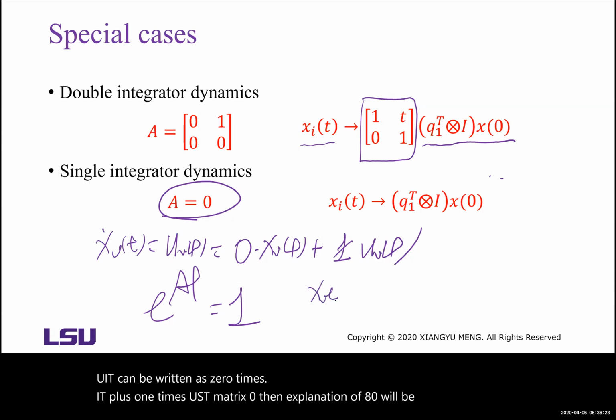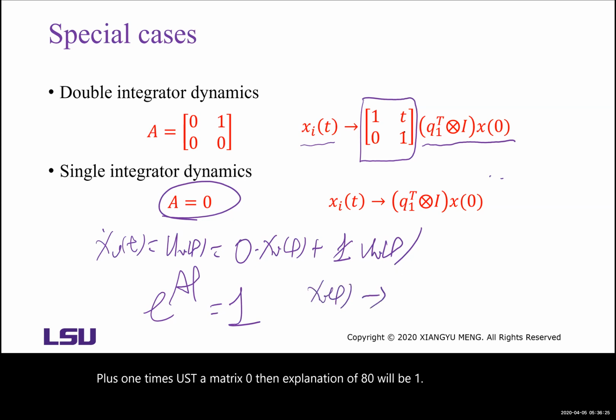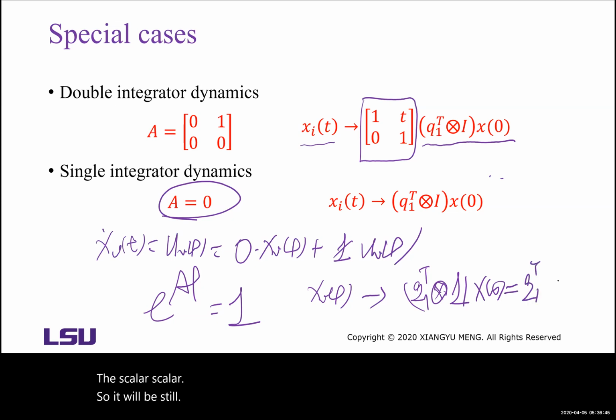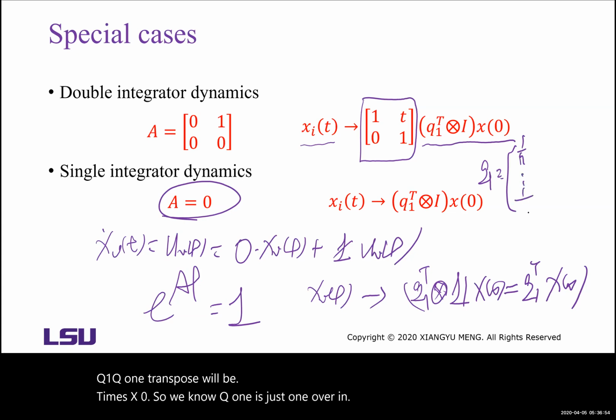So xi(t) converges to Q1 transpose times x0. If the dimension is 1, it's just a scalar Q1, and we know Q1 is just 1 over n.